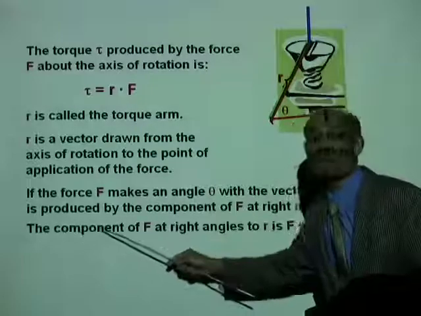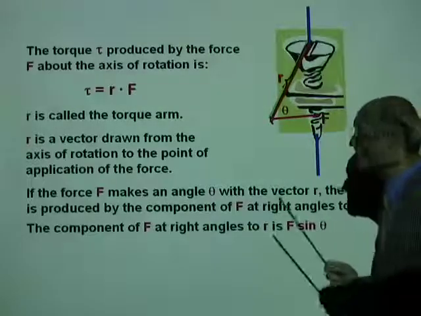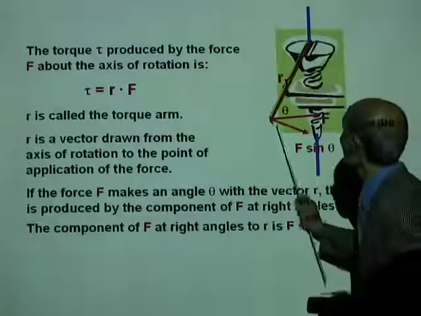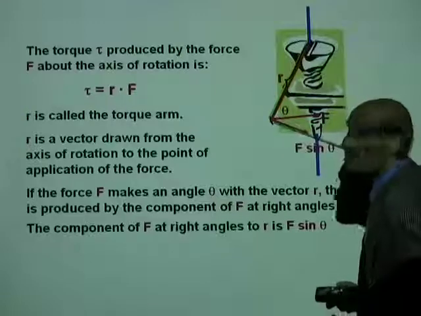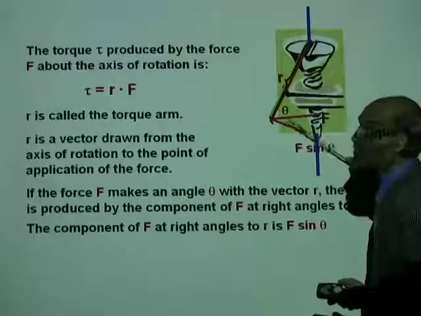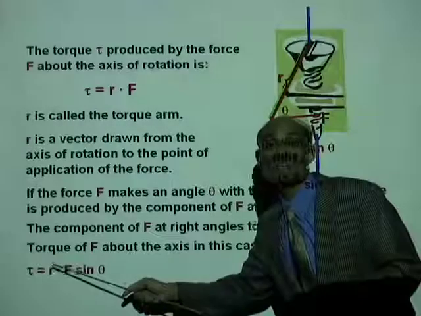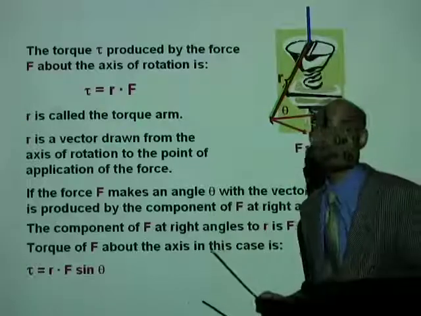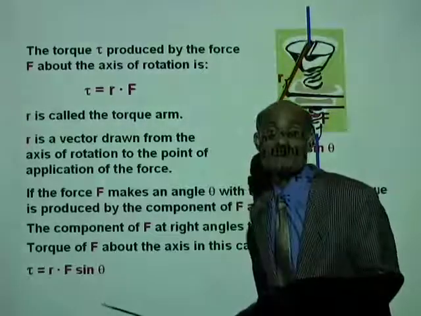Now the component of this force at right angles to r is F sine theta. That's right. That means the torque is now produced by this component of the force. So what is the torque now? The torque now is r times F sine theta.